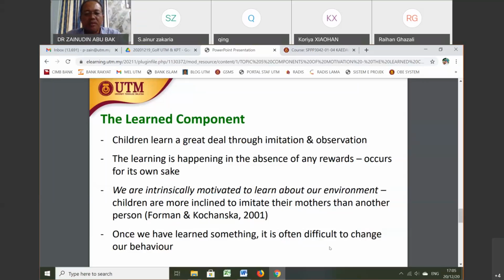Don't wait until the attitude is established. You know why? Because to change something that has been established takes a little while, a little effort. It takes really some effort to change. So if we want to start something, we need to start off as early as possible. That is the principle of learning, right?